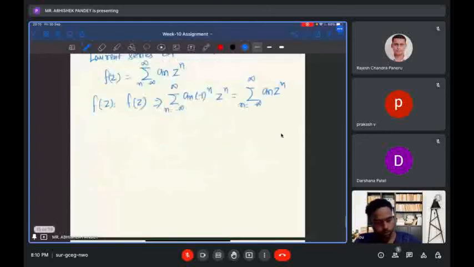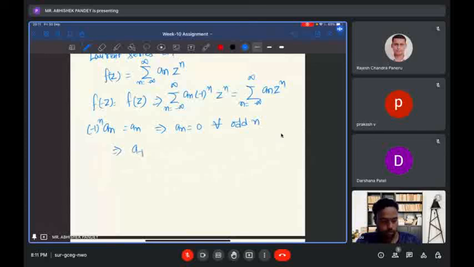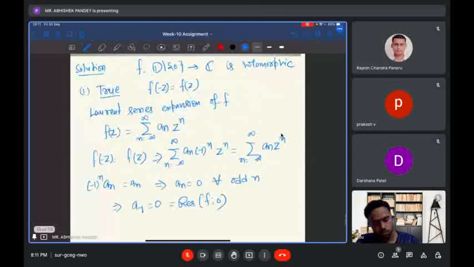So you will get a_n times minus 1 to the power n equals a_n, and this implies a_n equals 0 for all odd n, that is a_{-1} equals 0, which is nothing but the residue of f at 0. So option 1 is true.